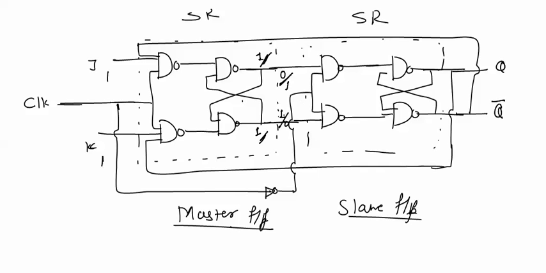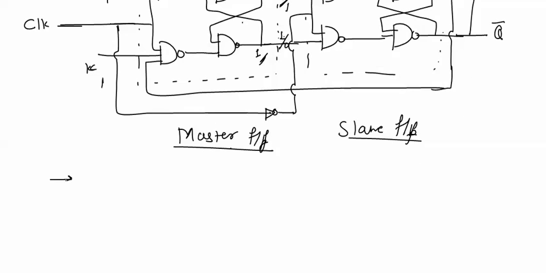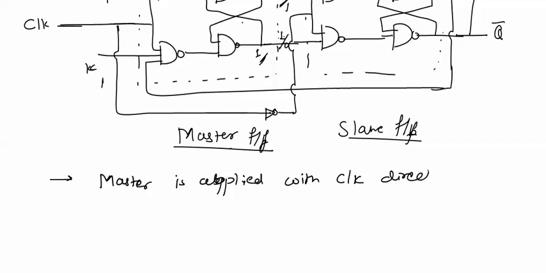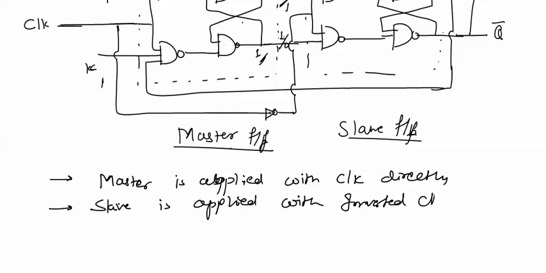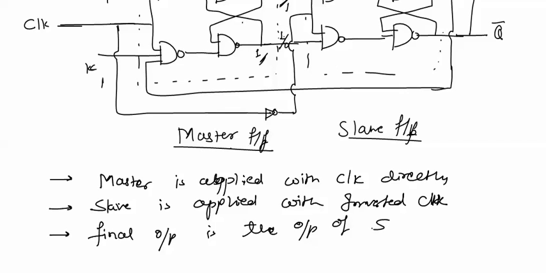Now here the points to be remembered are: master is applied with clock directly, slave is applied with inverted clock, and the final output is the output of the slave flip flop, not the master flip flop.